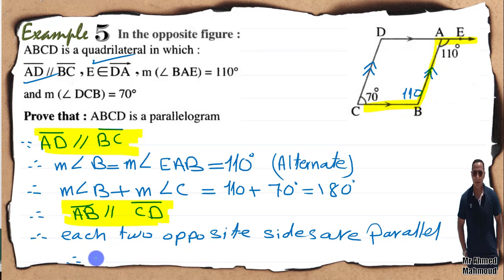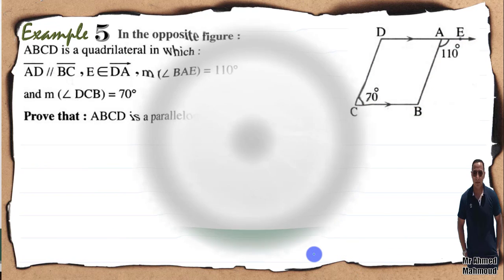Therefore, ABCD is a parallelogram. Okay, the next one.